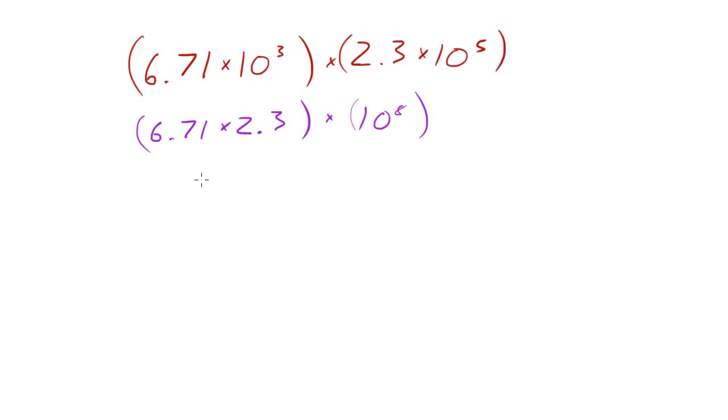So basically what we have is 15.433 times 10 to the 8th. So in tutorial number 5 I think it was, our final answer was 1.5433 times 10 to the ninth power.